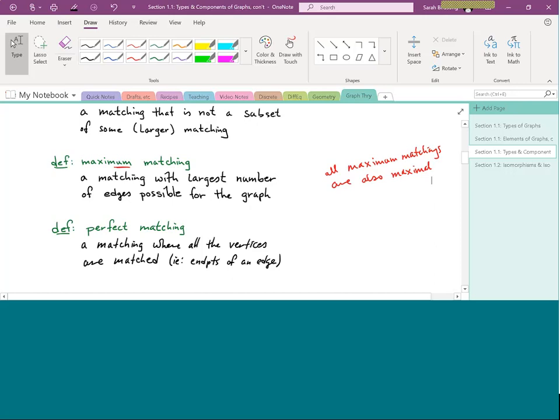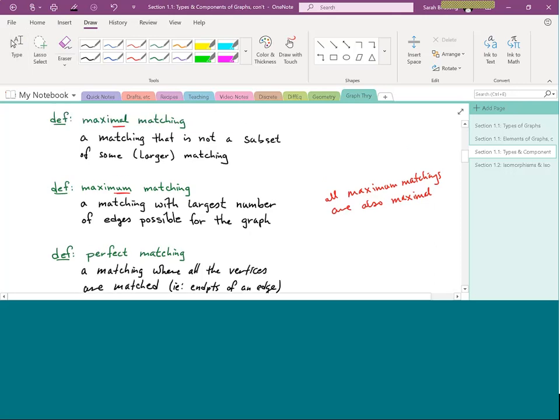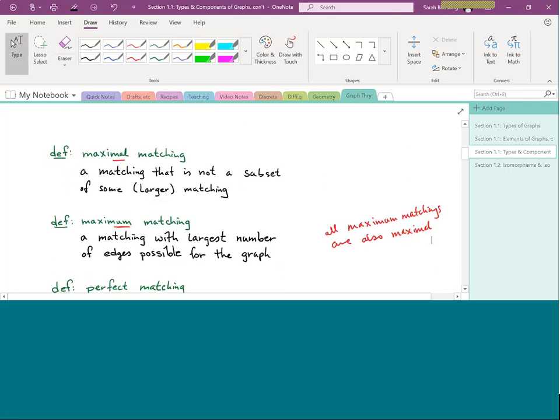Maximal is just you can't add the extra edge at some point, and maximum is you take all your maximal matchings, count up the number of edges in each of them, and a maximum matching is one of them that has the most edges. So you should always be able to get these. And if you don't have the word maximal or maximum, it's just a matching. Maybe you only pulled one edge from your graph. Not useful, but it would still be a matching.